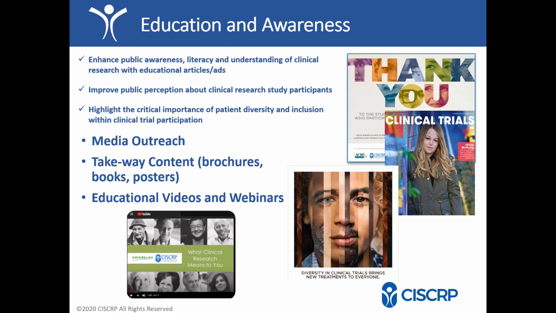I don't have to tell this group how important it is to have a diverse range of individuals that represent truly the demographics of the target patient population for that intervention. But for some reason, it's taken decades for us to have practical solutions to that issue. There are many different groups working on patient diversity campaigns, and there are best practice and multi-stakeholder groups that are developing guidance on how to improve diversity.